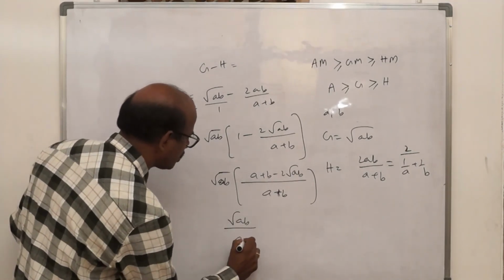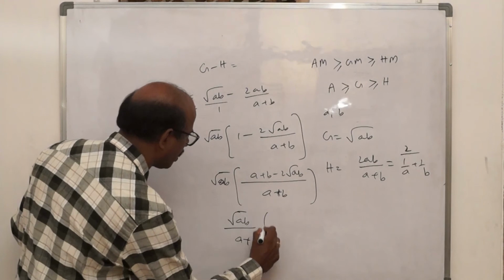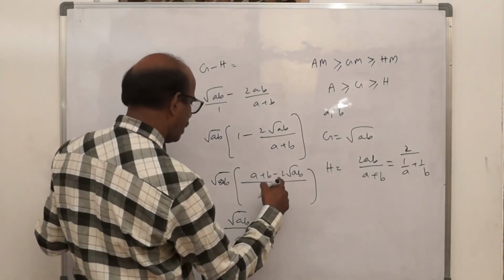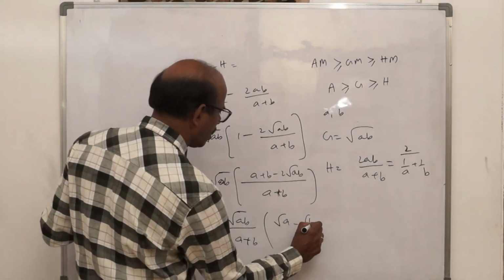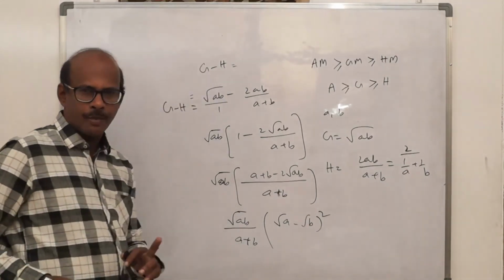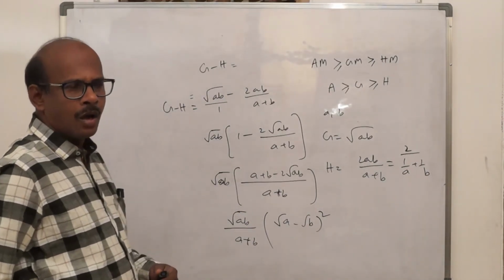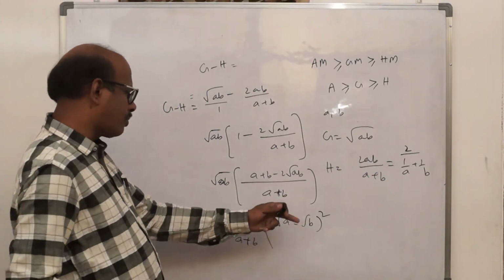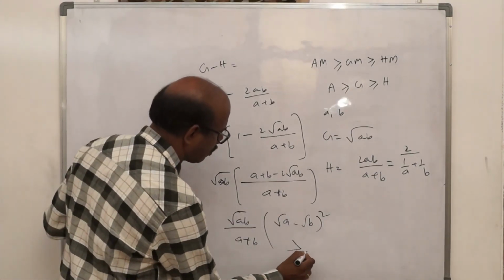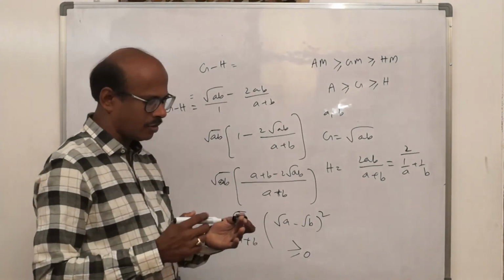So A and B are positive, no doubt root of A plus B positive, and also it. Now the inner term is like this, root A minus root B whole square. If numbers equal, this will be value 0. Other possibility, square means always positive. So greater than or equal to 0, G minus H greater than or equal to 0.